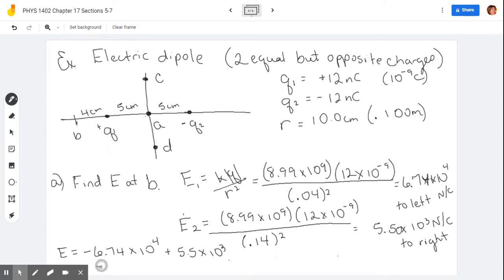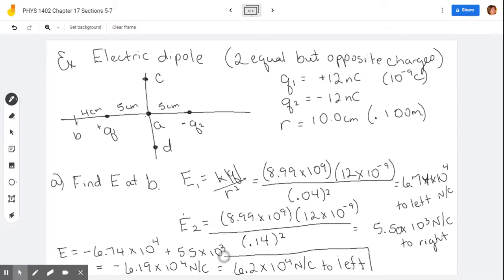My answer came out to be negative 6.19 times 10 to the fourth, or with two significant digits, 6.2 times 10 to the fourth newtons per coulomb to the left. So I just did a vector sum of the two fields. The stronger one was exerted by Q1, to the left. The weaker one from Q2 was to the right.